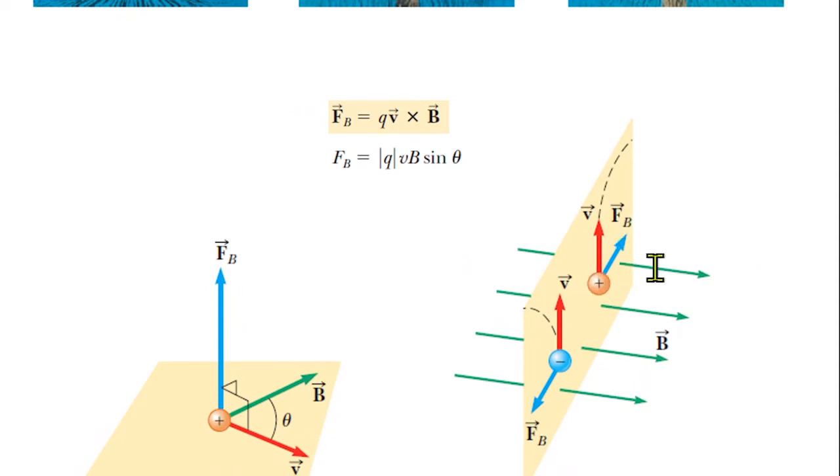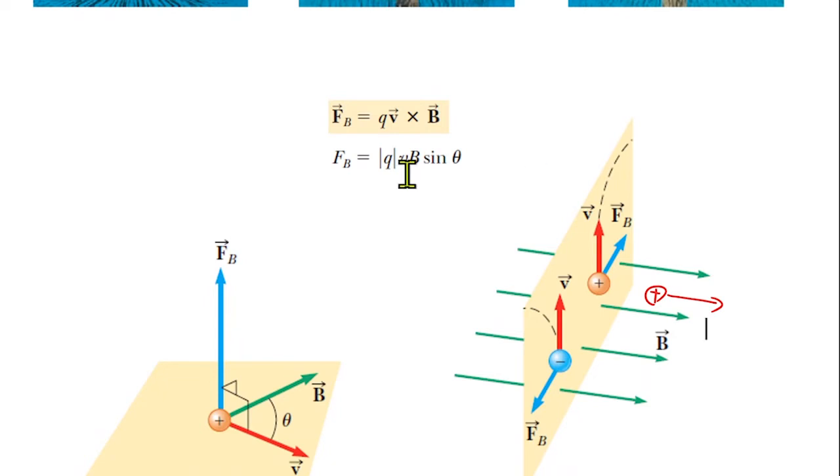It's perpendicular to both of them. That's why we use the cross product. But if this positive charge moves parallel to the field, then nothing happens. It doesn't feel anything. Only when it goes across the magnetic field at some angle other than zero does it feel the force. It's weird.